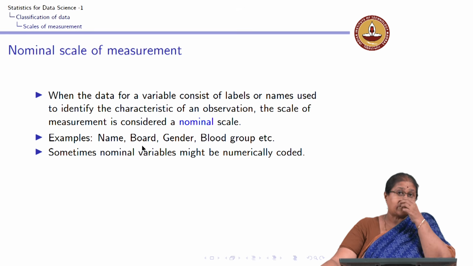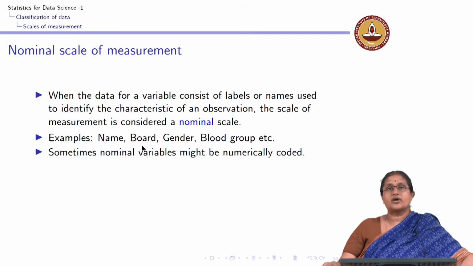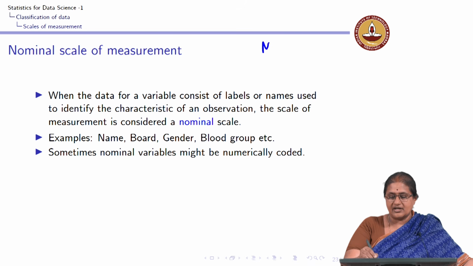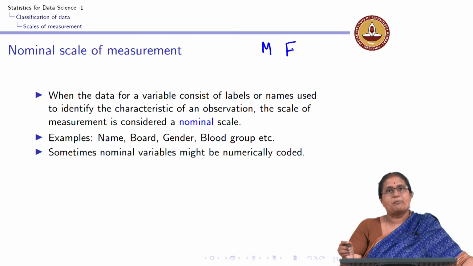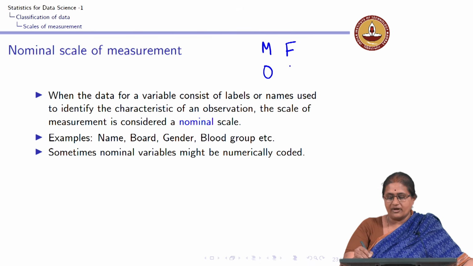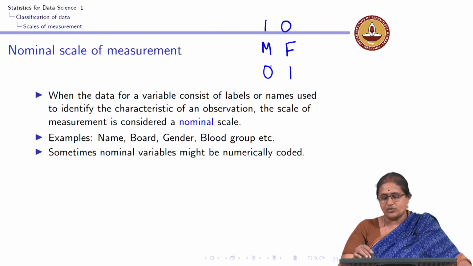Sometimes we can see that nominal variables may be numerically coded. What do I mean by a numerically coded nominal variable? For example, gender takes 2 labels which are male and female. I might code a male as 0 and a female as 1. I might code a male as 1 and a female as 0. This numerical coding is equivalent to just labeling this variable, there is no sanctity about having a 0 or a 1.